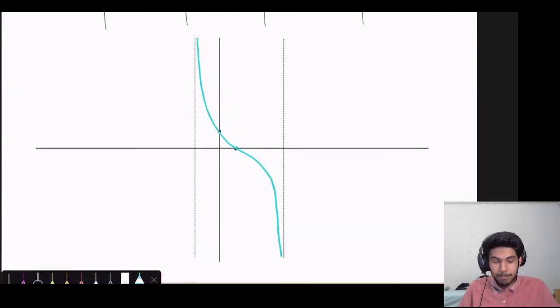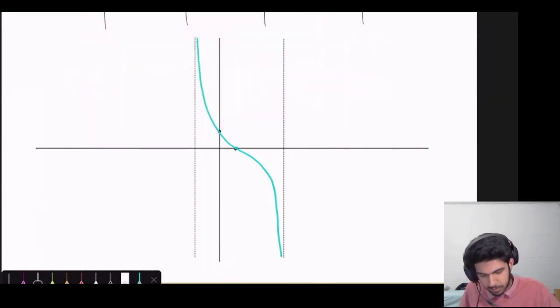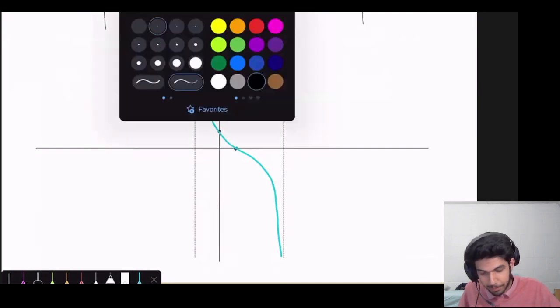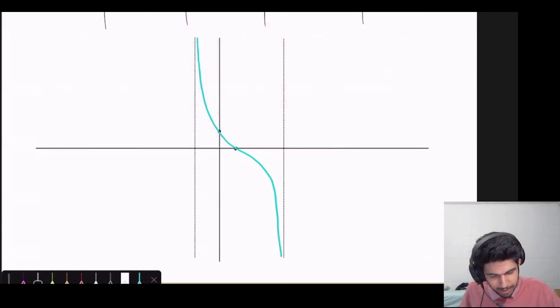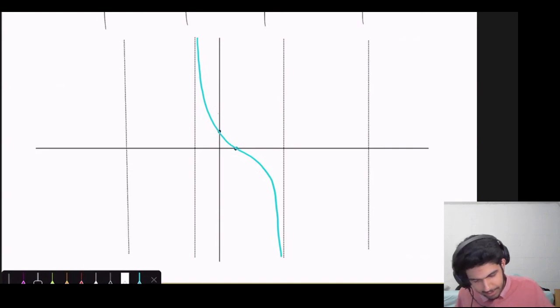And that's basically it within the interval. Remember, it's periodic. So this function is going to repeat itself multiple times, and I'll just sketch out one more, maybe 2 more. So we have these vertical asymptotes that are back to back, and they're of length 2 pi, and the graph will look very similar.